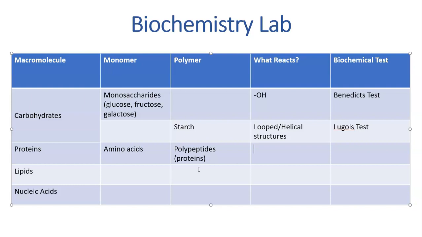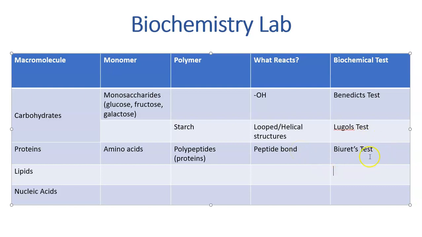That peptide bond is able to react in the Biuret test, and it will wind up causing a color change, indicating that there are proteins present in that sample. So for the protein test, what you're going to do is take each of your samples, and you'll denature those proteins by unfolding all that tertiary and secondary and quaternary structure, leaving you just with the primary structure so that all those peptide bonds are open and exposed.